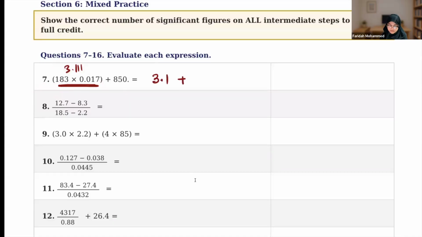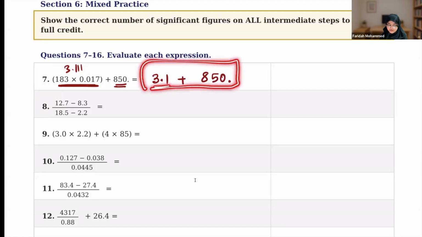Plus, now for this one, you're going to add 850. Now this is addition. In addition, what do you look at? Decimal places. This one has 1 decimal place, this one has none. So your answer will have no decimal place.